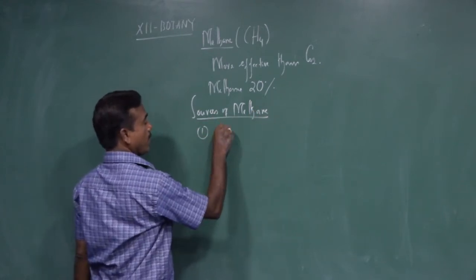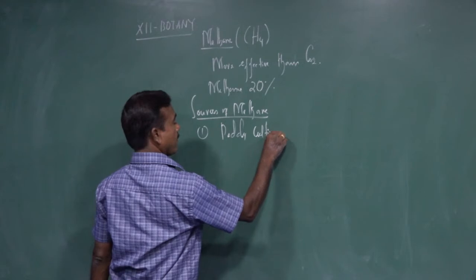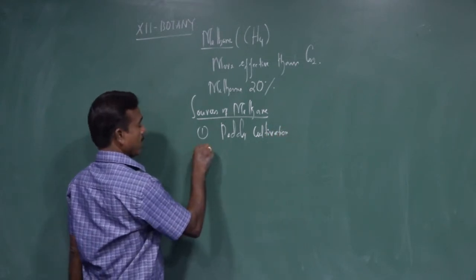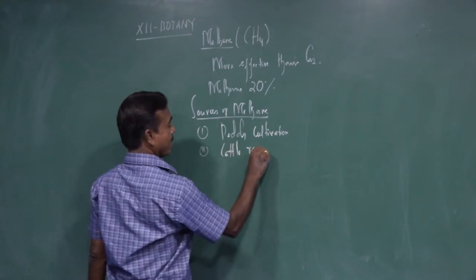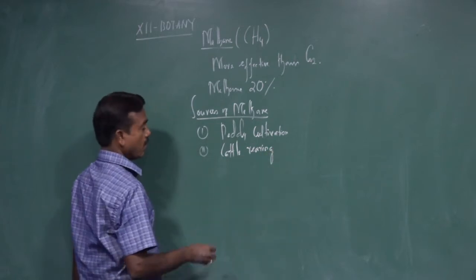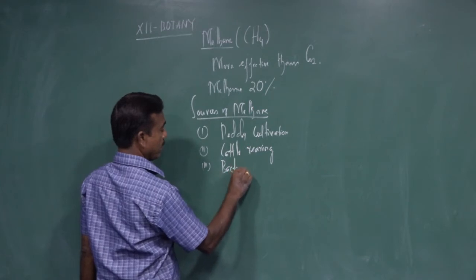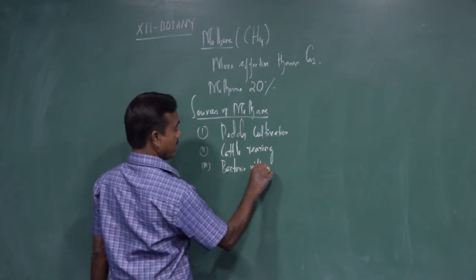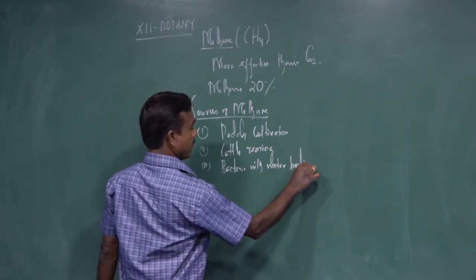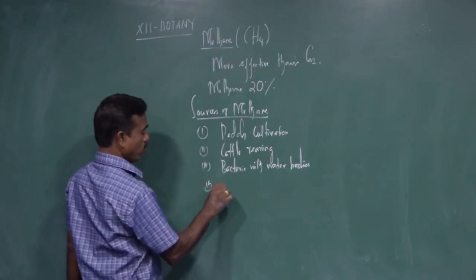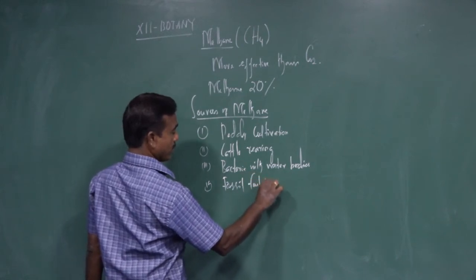First one, paddy cultivation. Second thing, cattle rearing. Third one, bacteria within water bodies. Fourth one, fossil fuel production.